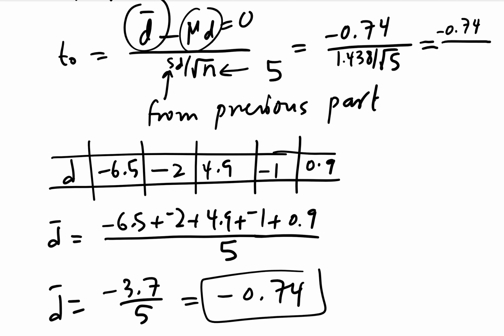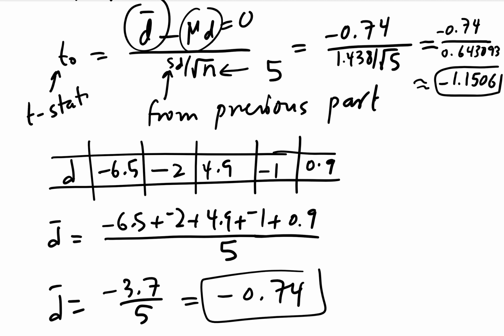If you calculate the bottom, it is 0.643093, and now we get about negative 1.1506. This is what we call the T statistic value.